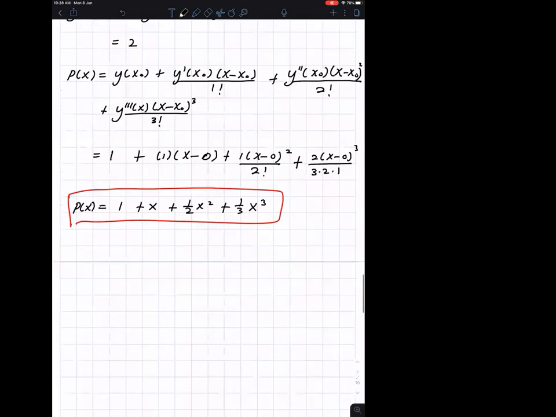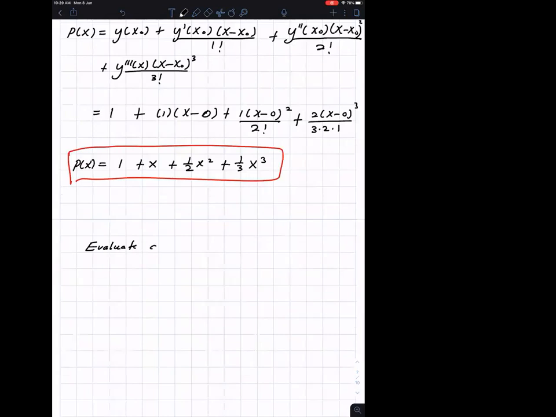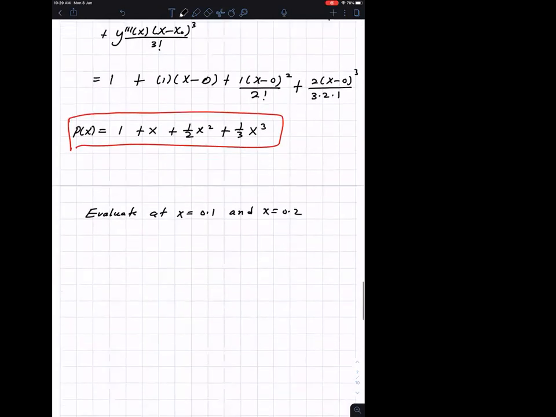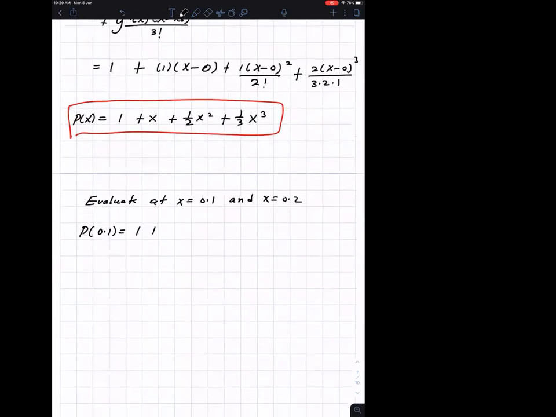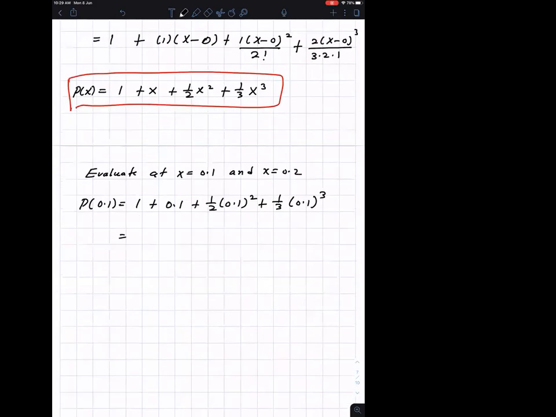Evaluate at x equals to 0.1 and x equals to 0.2. p(0.1) is equal to 1 plus 0.1 plus 1 half 0.1 squared plus 1/3 0.1 cubed. That is 1 plus 0.1 plus 0.005 plus 0.0003.